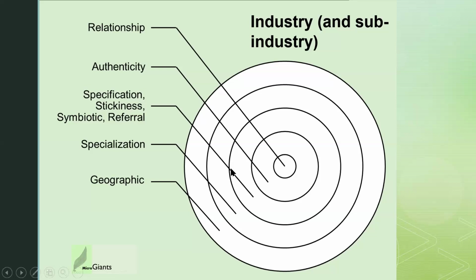Then you go in another one. You get into specifications, stickiness, symbiotic relationships and referrals. And so you come in yet another one. And so you can see this market, you started off with a market and it keeps getting smaller and smaller and smaller. And then you run into this interesting one called authenticity.